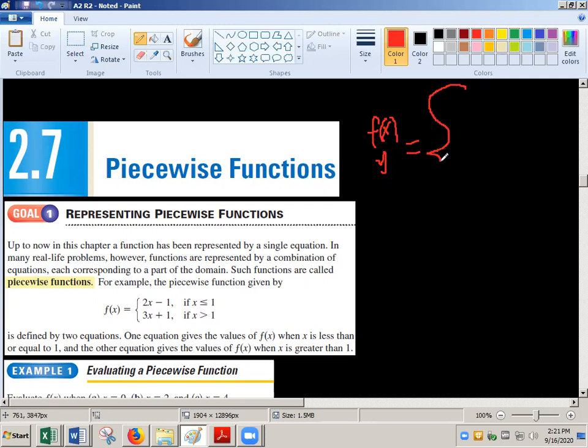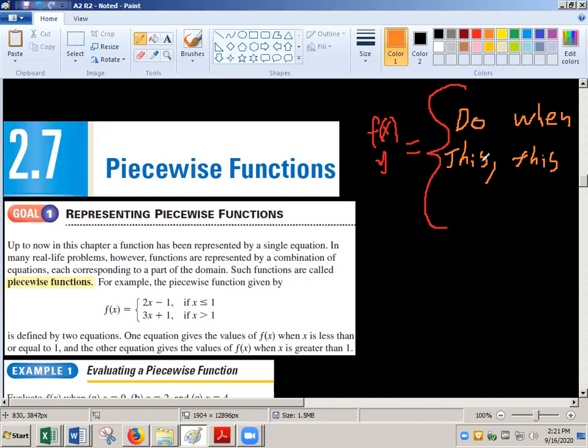Then we see this bracket here, and then we get a bunch of rules. Now the rules tell me, do this when this, okay?